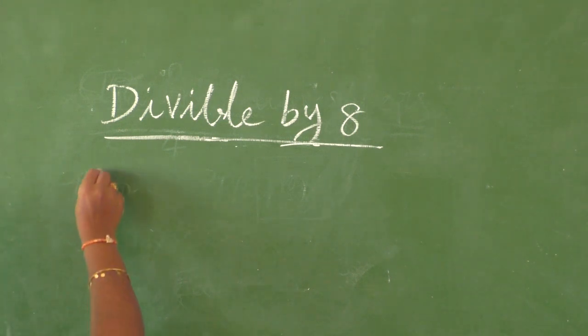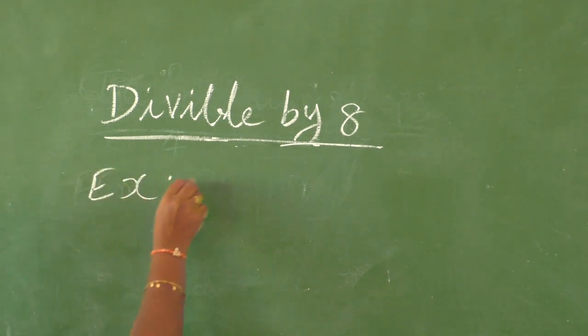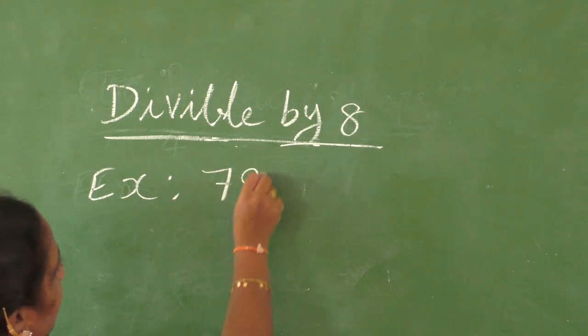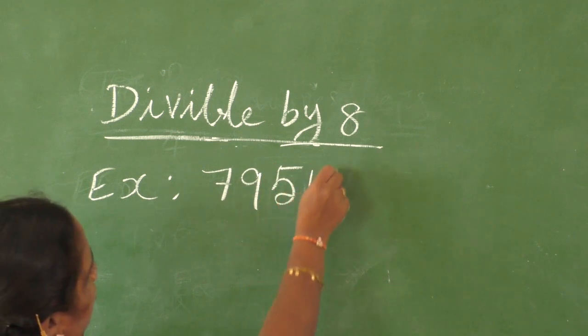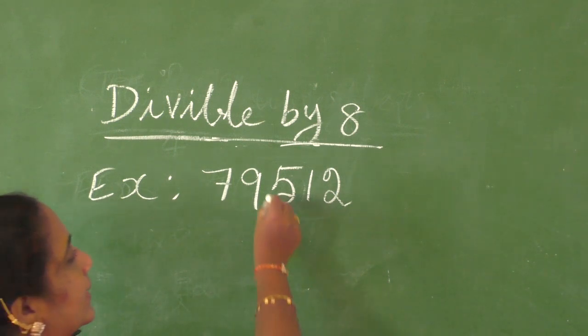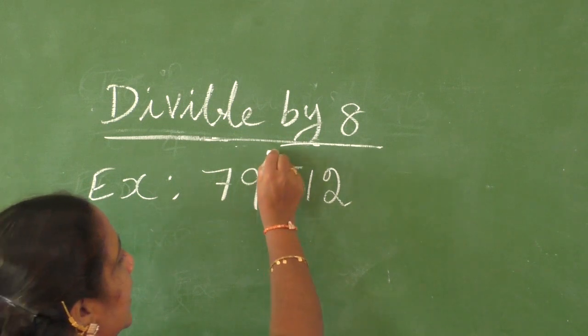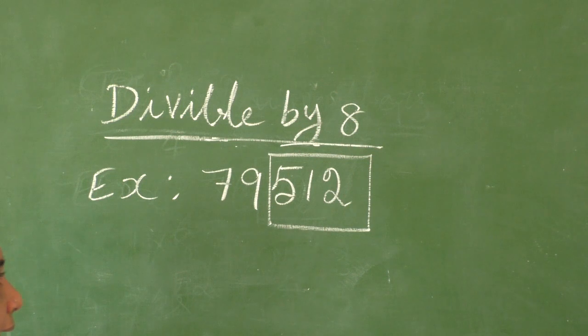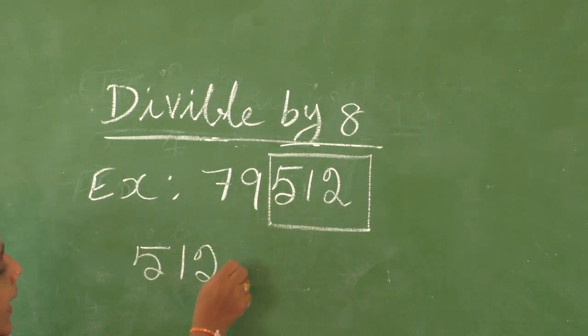For example, I am taking the number 79,512. To check whether this number will be divisible by 8 or not, we have to take 3 places, hundreds, tens and ones together. Then check whether this number is divisible by 8.